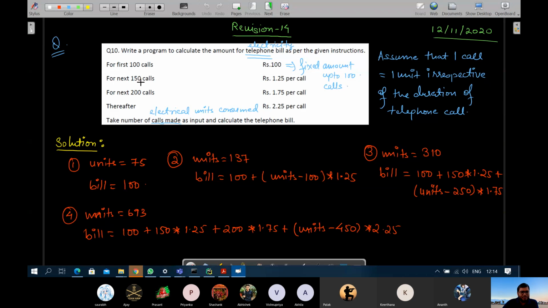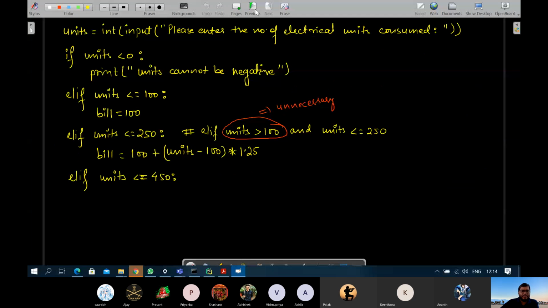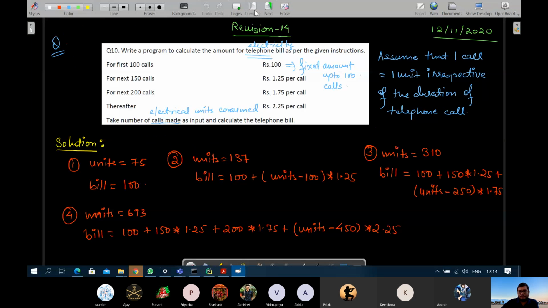Then next above 250, next 200 calls will be charged as 1.75. Correct? 1.75, and then thereafter after 450 it will be charged at the rate of 2.25 over and above 450.